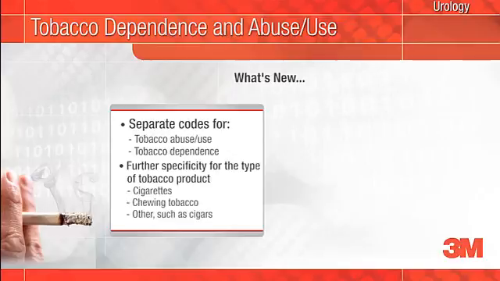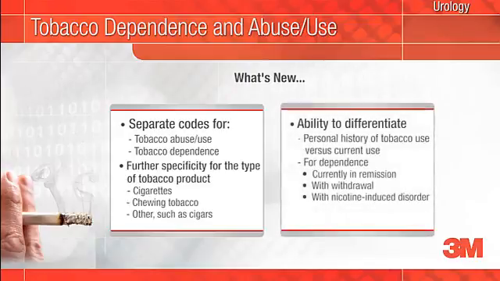Additionally, further specificity is provided in ICD-10 for the type of tobacco product dependence, such as cigarettes, chewing tobacco, or other, for example cigars, so this should be documented as well. Your documentation should differentiate between current abuse or dependence versus a person who no longer uses tobacco.